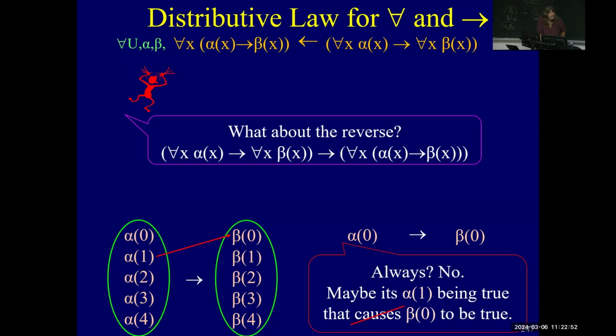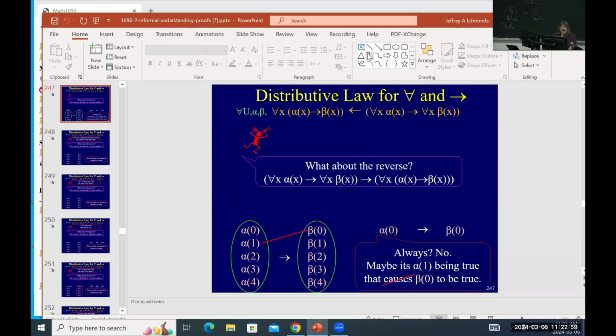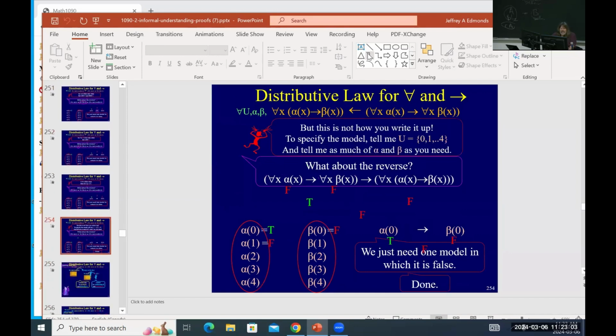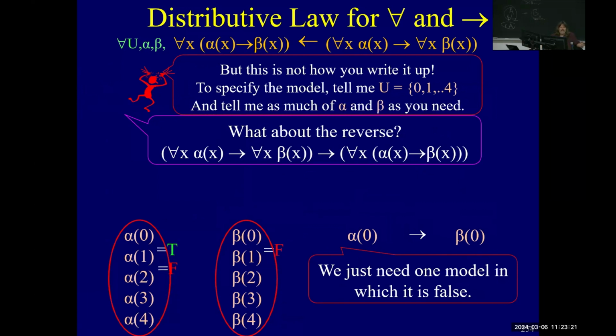Absolutely. Let me tell you what you should do on a proof, on a test. I'm thinking it through on paper on my own. And then what do I write on the test? Quite frankly, this is what I would write. Maybe that's my universe, but maybe I've given you a picture, so you already kind of know that. And then you tell me as much of the universe as I need.